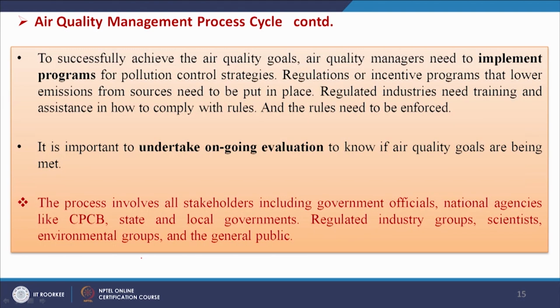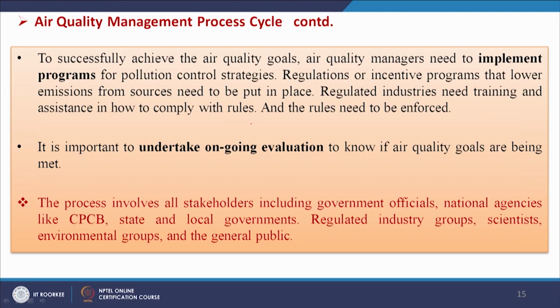To successfully achieve the air quality goals, air quality managers need to implement programs for pollution control strategies. Regulations or incentive programs that lower emissions from sources need to be put in place. Regulated industries need training and assistance in how to comply with rules, and the rules need to be enforced.